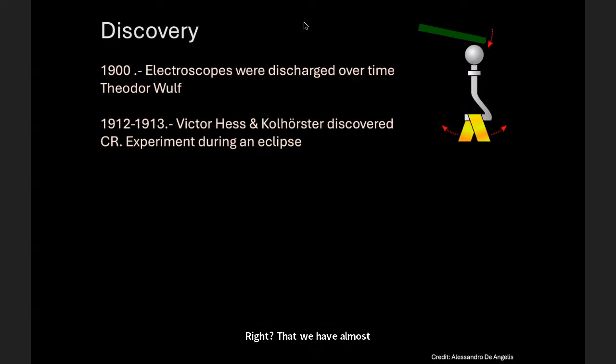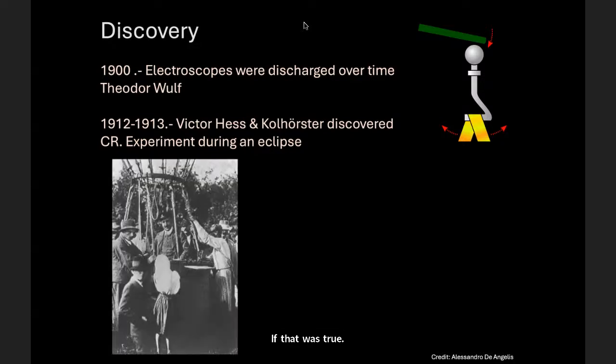However, if that was true, if what was discharged in this electroscope was the natural radioactivity, you should get the result that when you get further from the earth, I mean from sea level, or from the soil, you should get less and less and less radioactivity, right? And so this phenomenon should decrease.